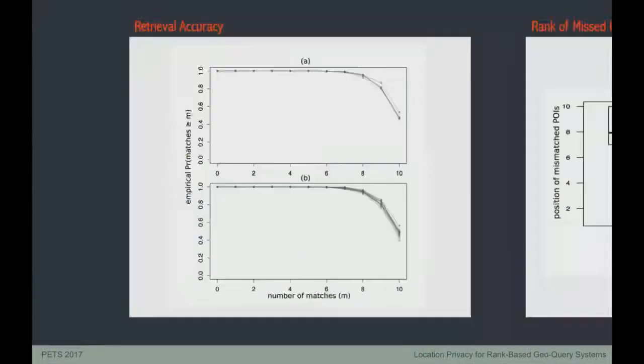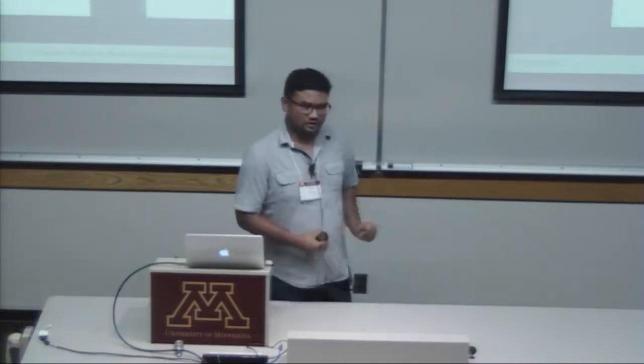Quickly, let me cover the results. This is showing you the probability of getting more matches in the result set. We did a top 10 search here, and this data was generated for 15 different keywords across 5 different cities, overall around 750,000 different queries.